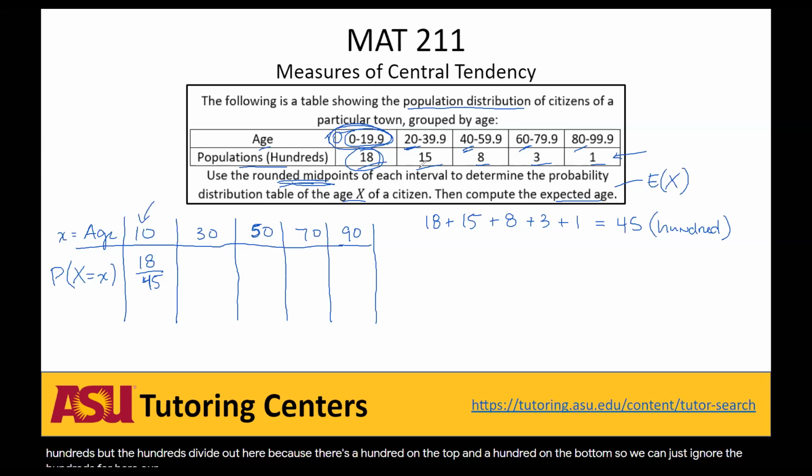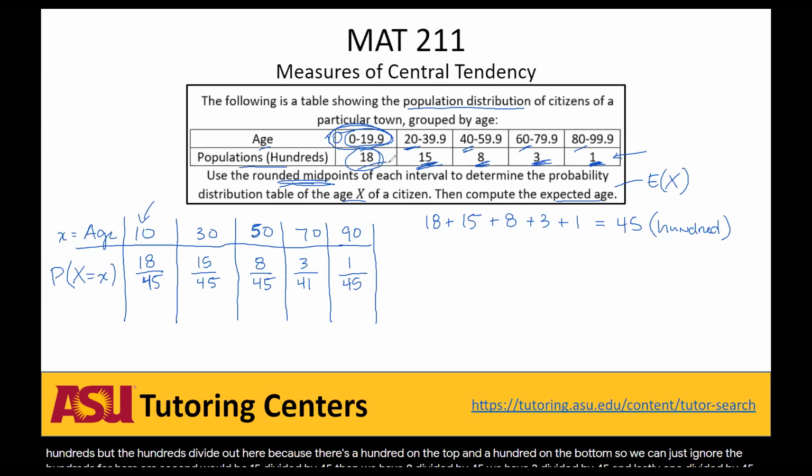Our second would be 15 divided by 45. Then we have 8 divided by 45. We have 3 divided by 45. And lastly, 1 divided by 45.